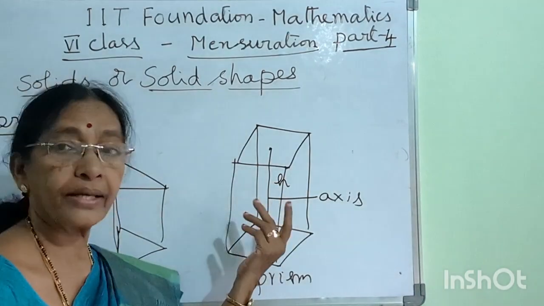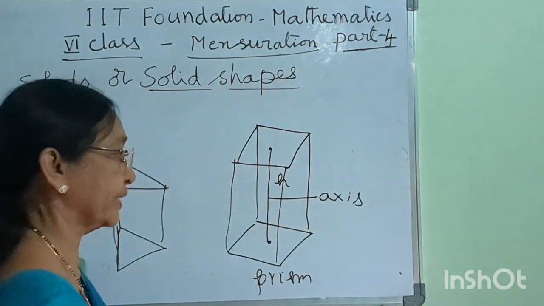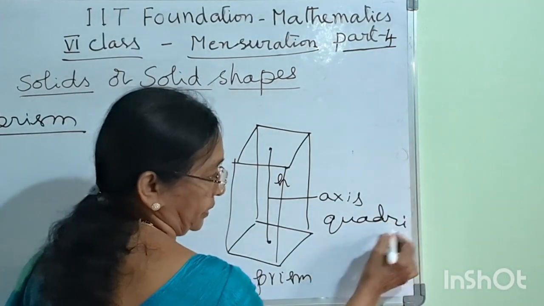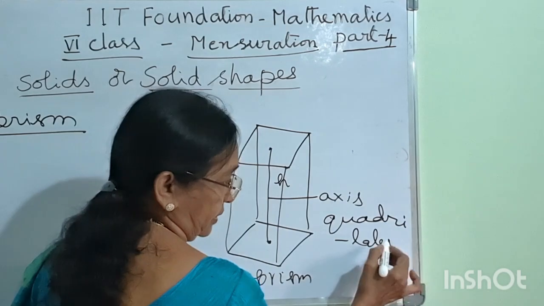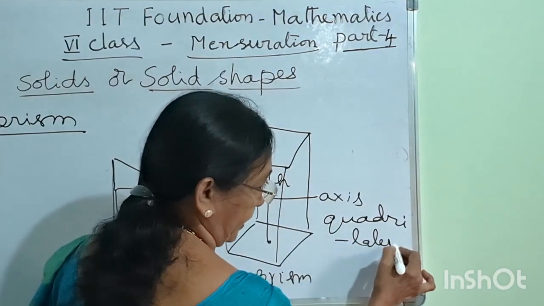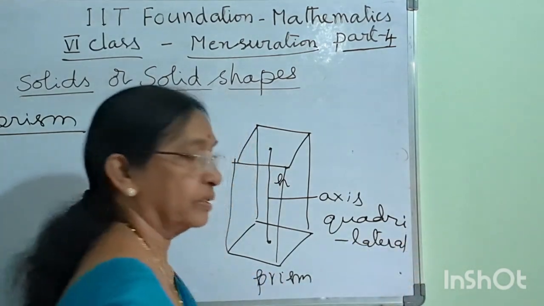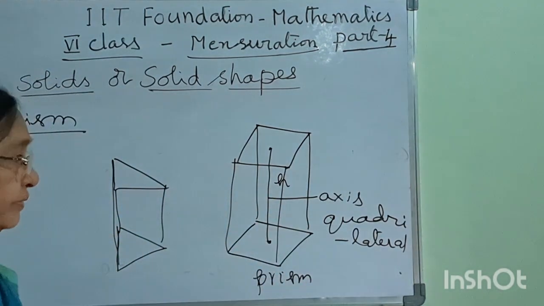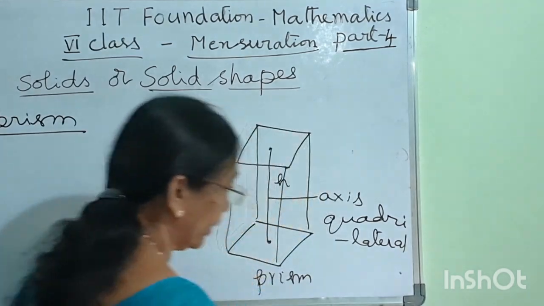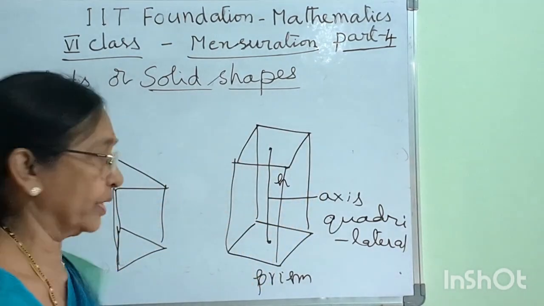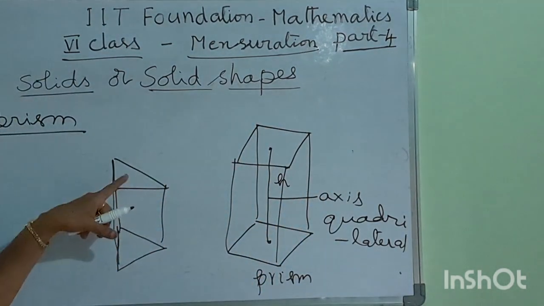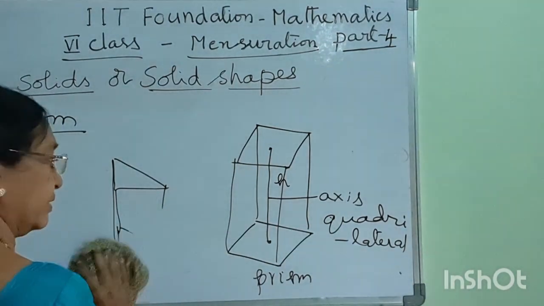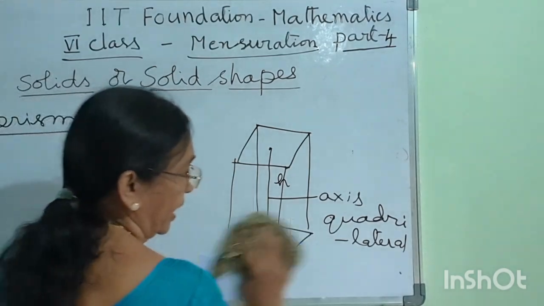These sides or lateral surfaces are quadrilateral, and the bottom and the top are any polygon. So here the bottom and the top are triangles and the sides are rectangles or quadrilaterals.